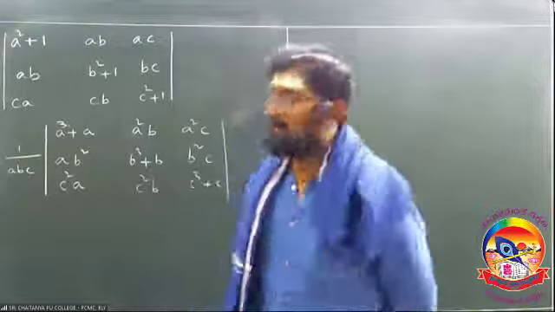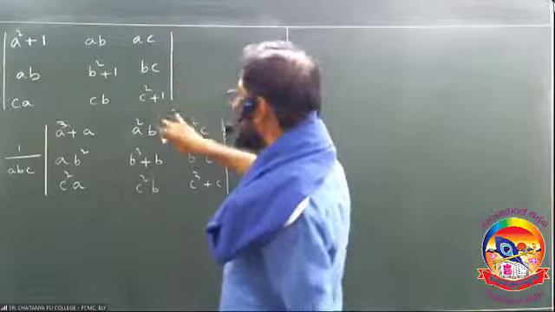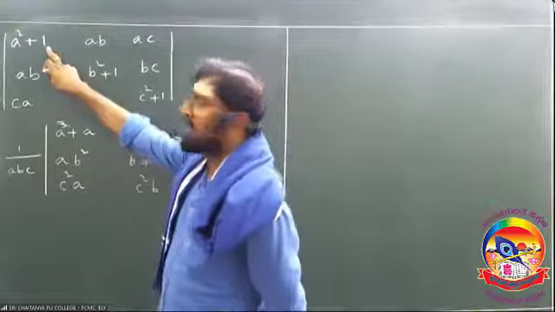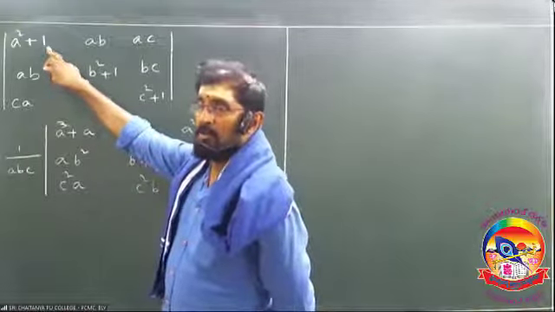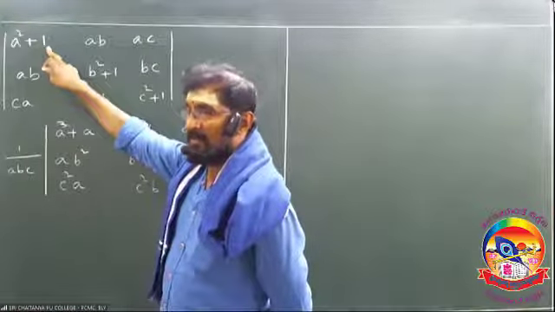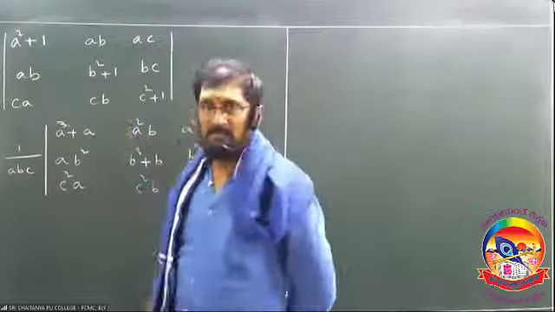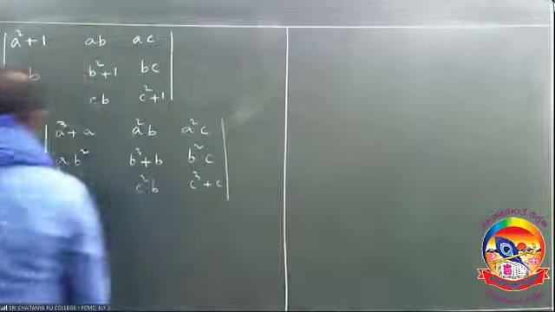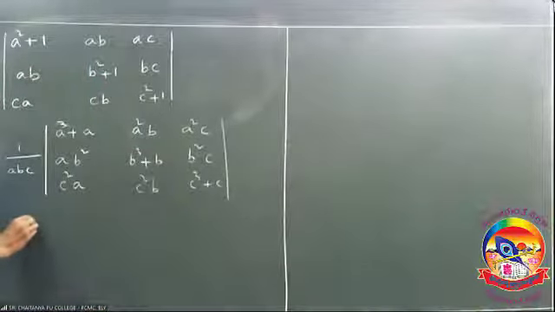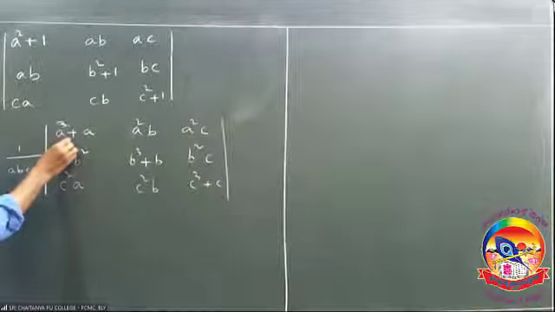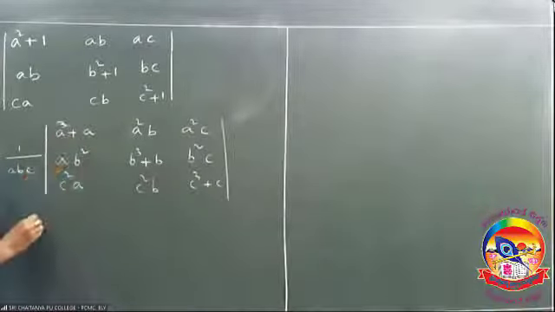Now observe the difference between this step and this step. In this step, here it is 1, so you can't take a outside. Now, here it is a. Now, take that a outside. That means I am going to get, observe this one.